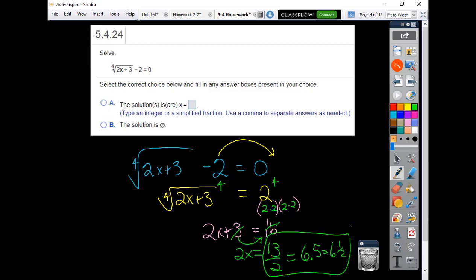Again, you could always check this problem by just typing it in to a Desmos and looking on the graph for where your solution is.